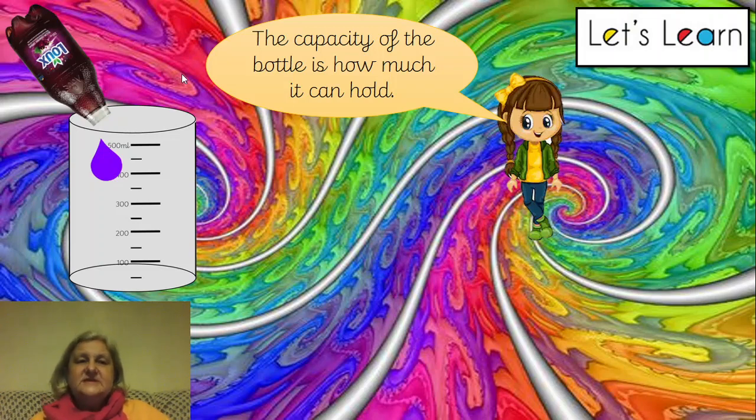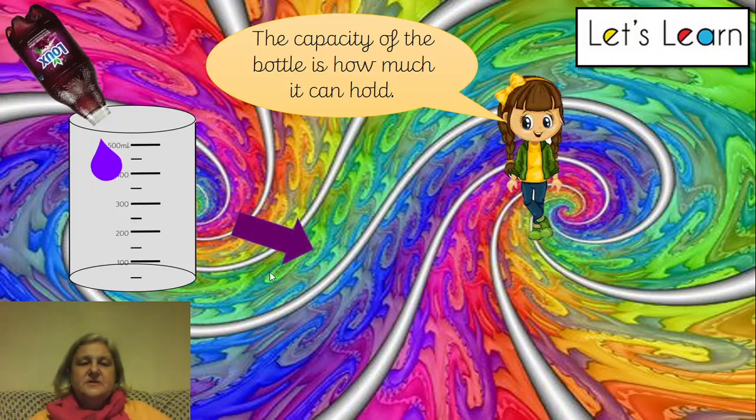So the capacity of the bottle is how much it can hold completely, not how much is in there, how much that bottle can hold in total. Okay, it just happens to be nearly filled up anyway. So if we were to pour that in, then this would tell us exactly how much liquid we had in the bottle.